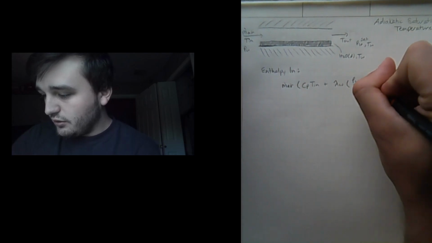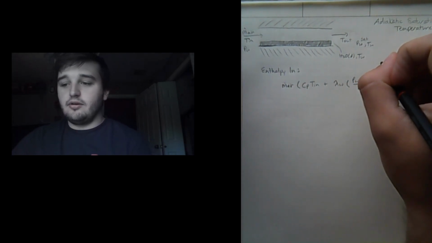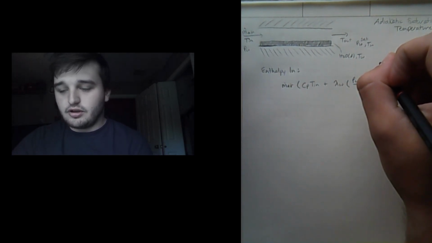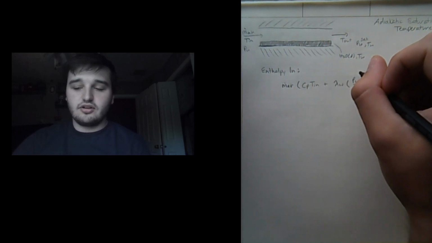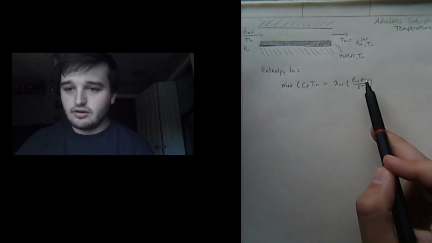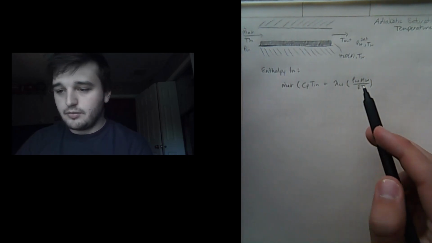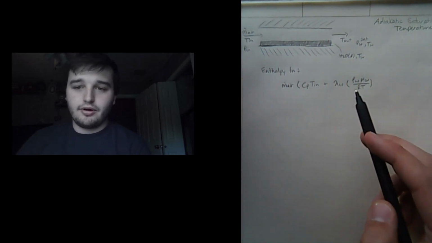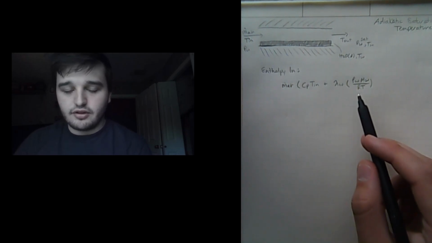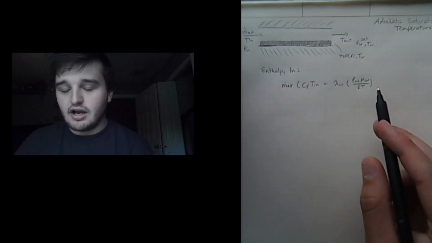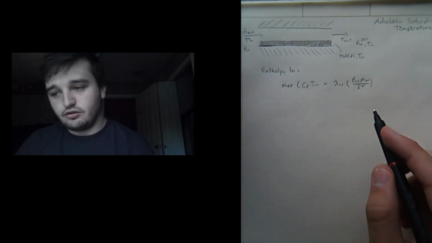So now that we know that, that is going to be joules per kilogram for the heat of vaporization, and this right here is going to give us kilograms of water per cubic meters of the entire system, air and water. However, we don't want air and water, we just want water.